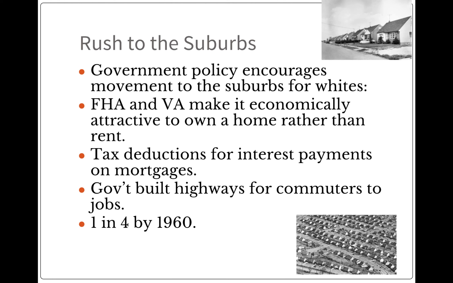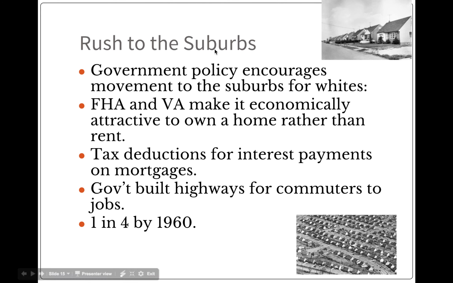They are all the same. They were built easily and quickly. And then the government provided first-time homebuyer loans and vet loans so that people could purchase these new homes in the suburb areas. And then with the addition of the new highways, people could live outside of the city and commute into the city for work.